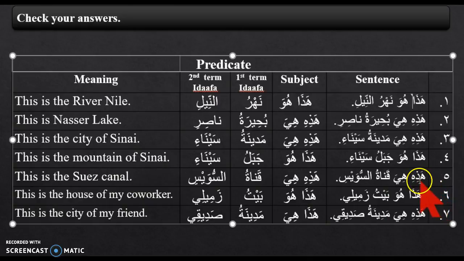رقم 5. هذه هي قناة السويس. هذه هي is the subject. قناة السويس is the predicate of the sentence.